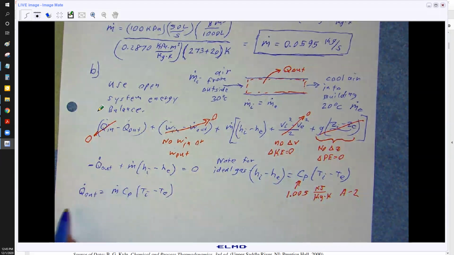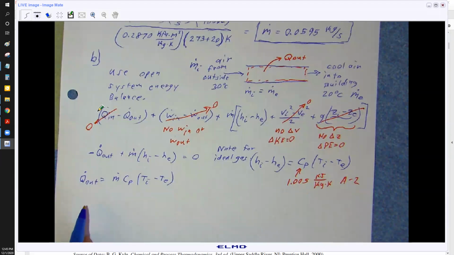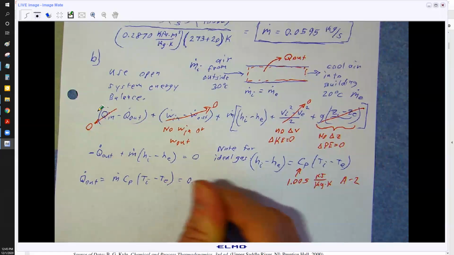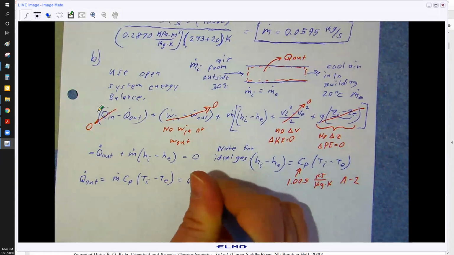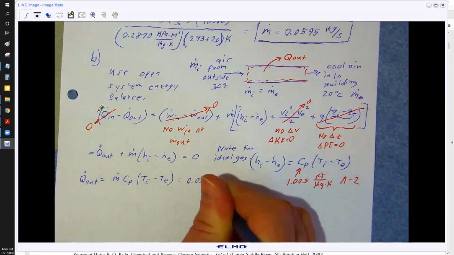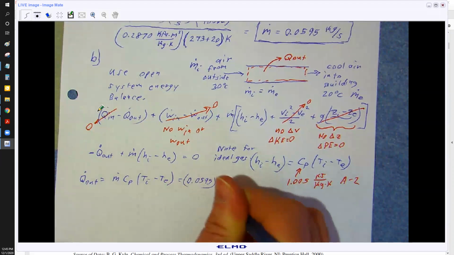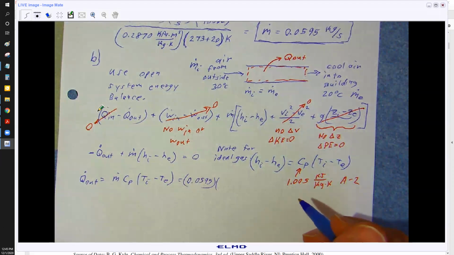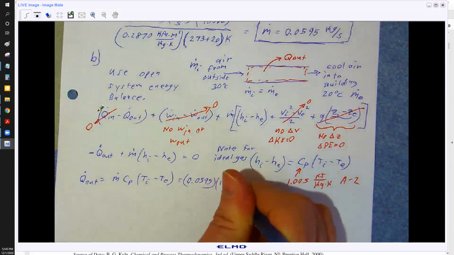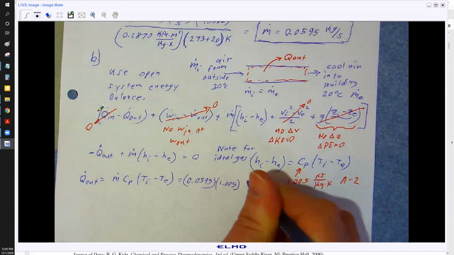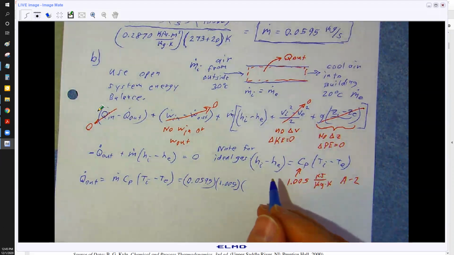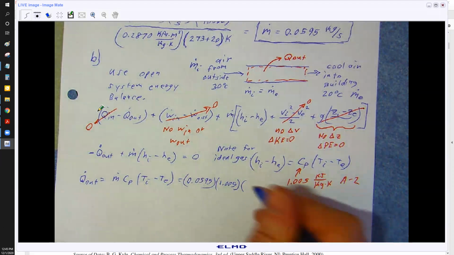That's just the negative sign disappearing. So you wind up with 0.0595 times 1.005, and our temperature change, remember, delta T in Kelvin and Celsius are both the same. So here I'm going from 30 minus 20.